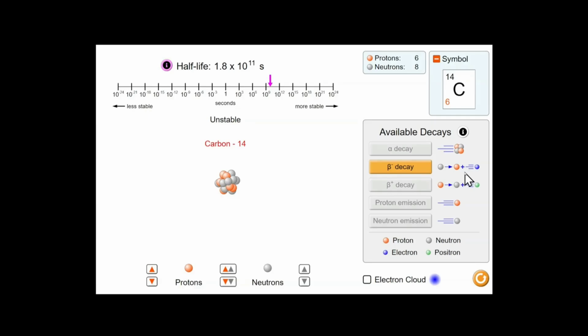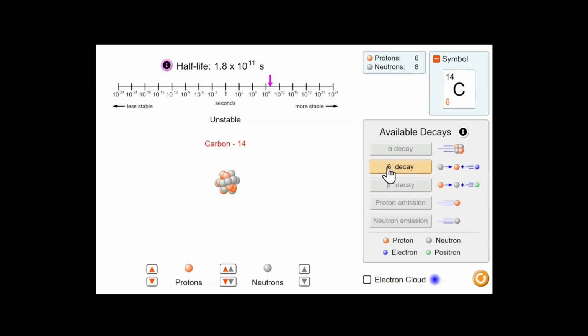That energy has to go somewhere, and it's going to be spat out in the form of a high energy electron or a beta particle. This is beta negative. Now, how do you remember which one is which? The negative bit means that it spits out a negative electron. Beta positive, it spits out a positron, a positive.